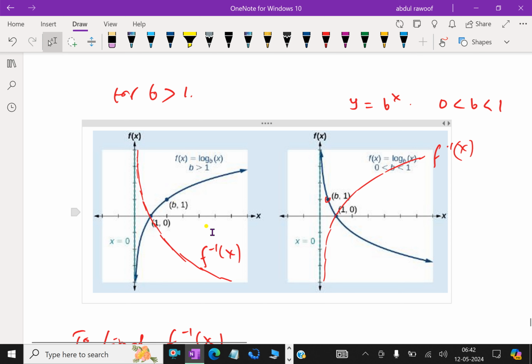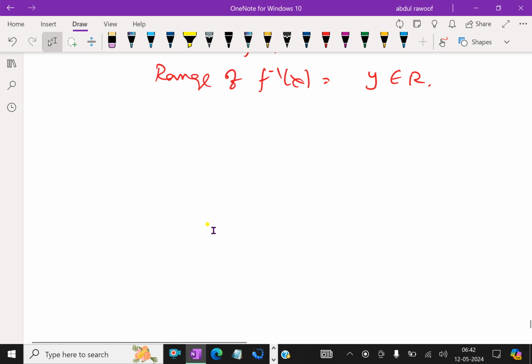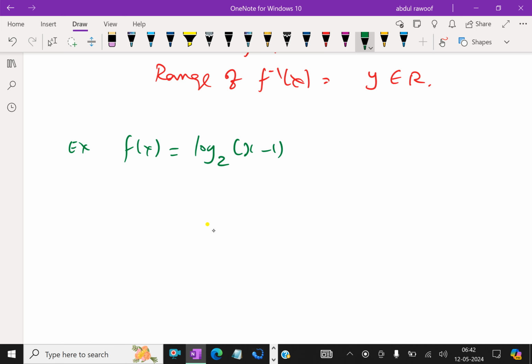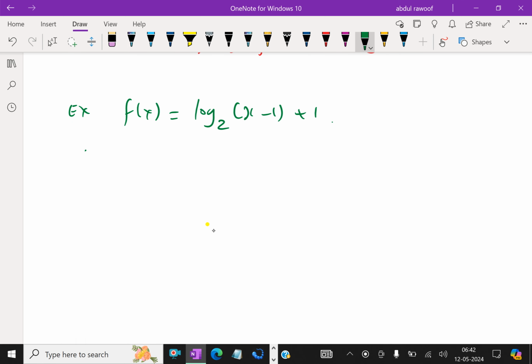Now let us do some example problems to understand this concept clearly. Consider the function f of x equal to log base 2 of x minus 1, plus 1. Domain. How to find domain?